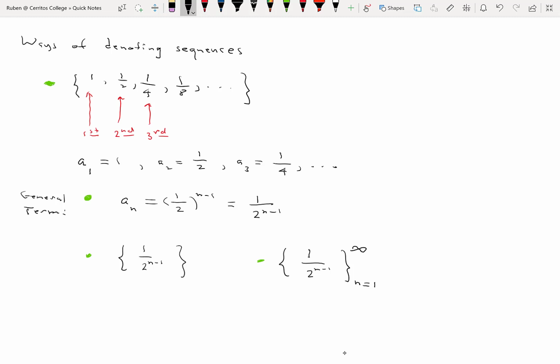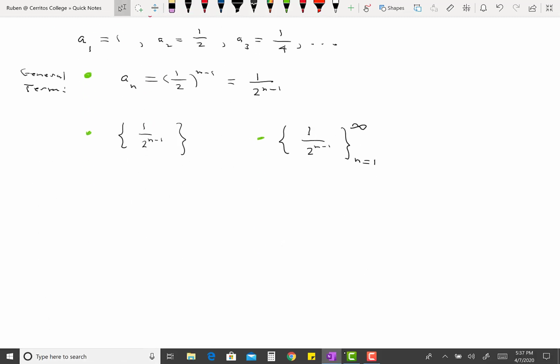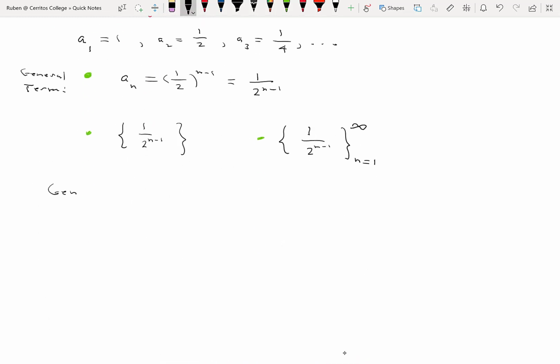Just depending on what the author's preference is for symbols and so forth. So just to get this idea ingrained, generally we can write the terms in the sequence out: a sub 1, a sub 2, a sub 3, dot dot dot.